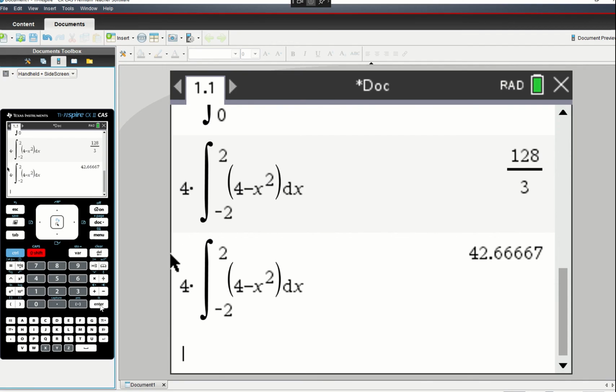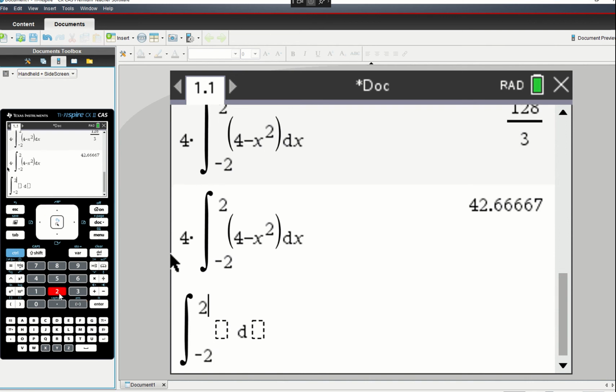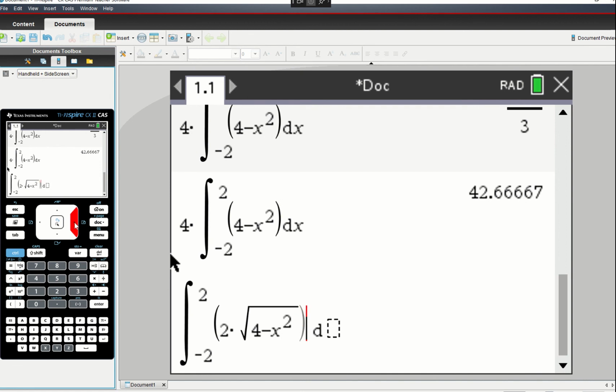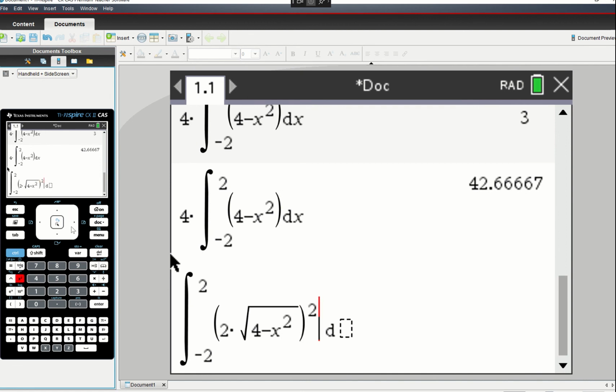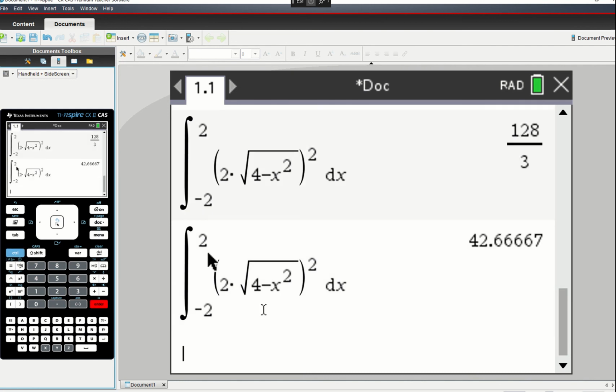If we go shift plus from negative 2 to 2, in that case, we had 2 times the square root of 4 minus x squared, quantity squared, dx, and there's that 128 thirds, which is 42.667.